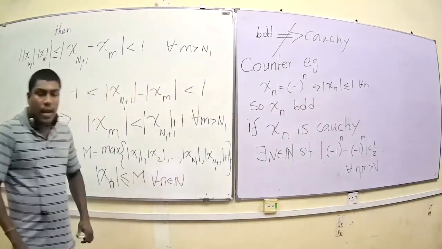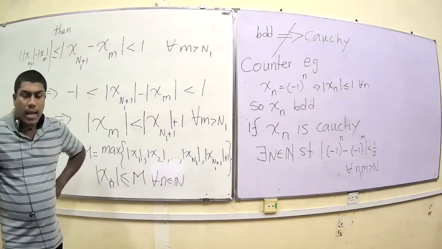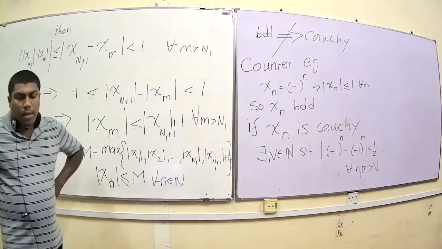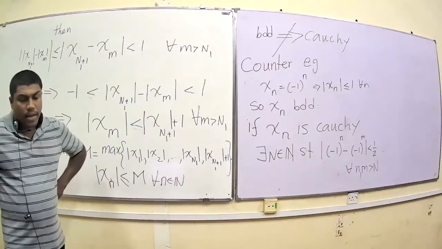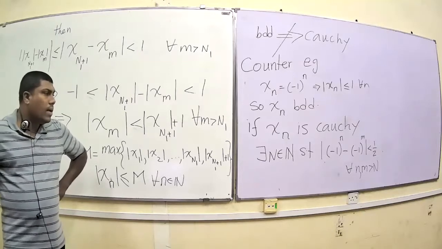So you know for every epsilon positive, there exists a natural number N such that |xn - xm| is less than epsilon for all m, n greater than N.